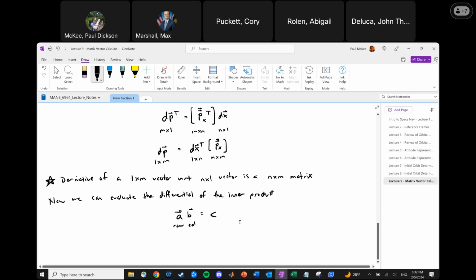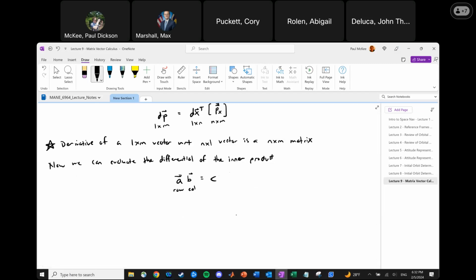So what this means is, if we were to take the differential, the left-hand side would look like this. dA, still a row vector, times B, plus A dB is equal to dC.